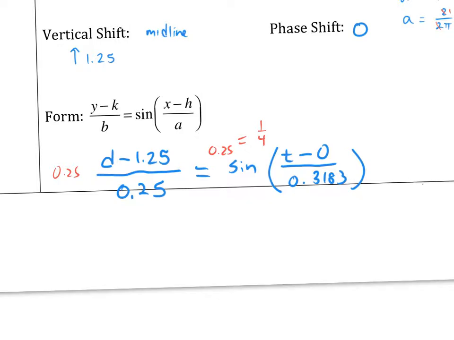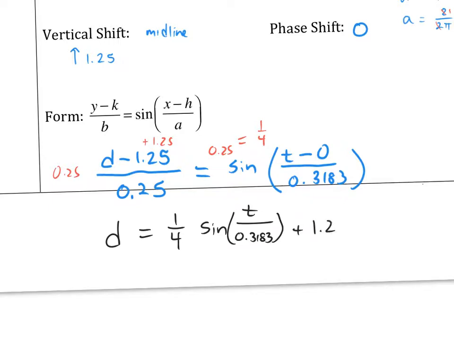And then my second step is I have to add 1.25 here. So this is ultimately what my answer is going to look like: 1/4 sine of T over 0.3183. And now I add the 1.25 there.